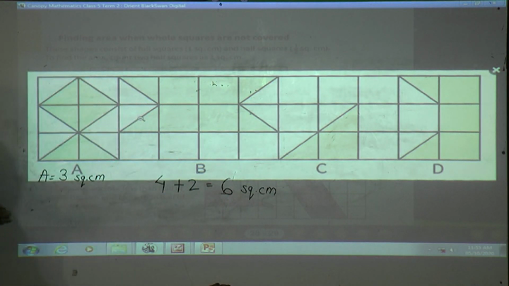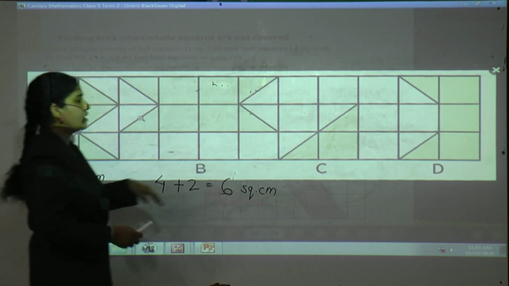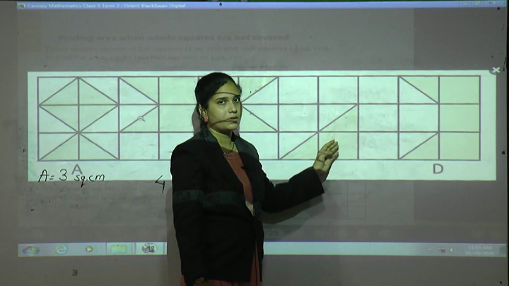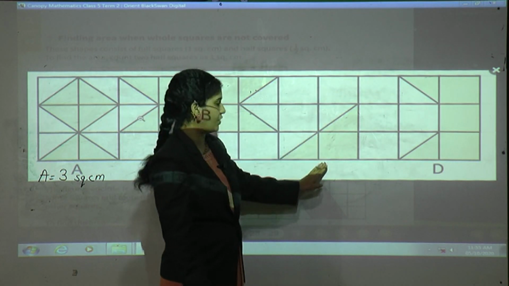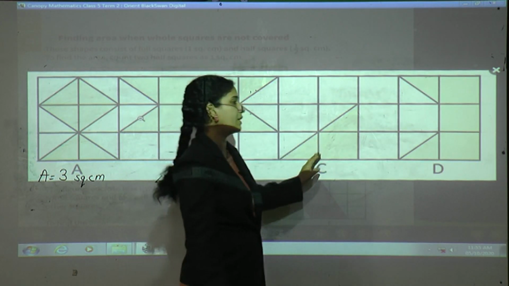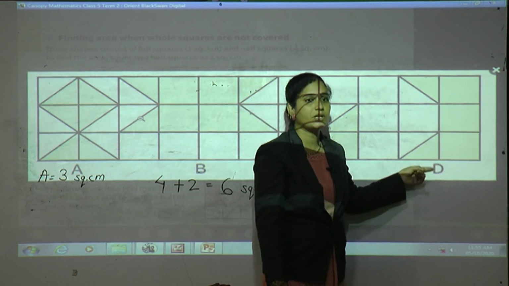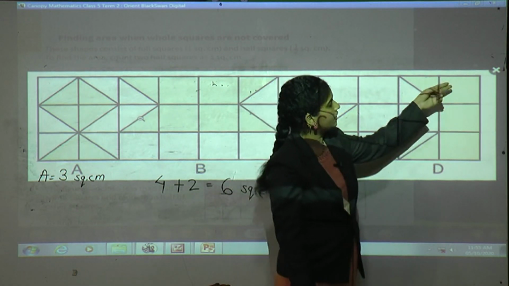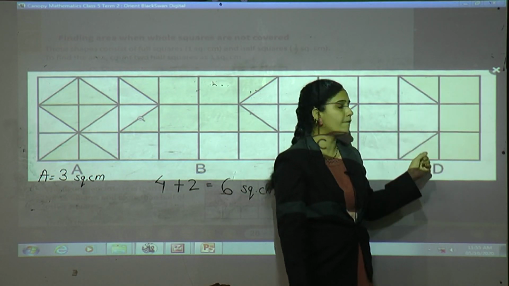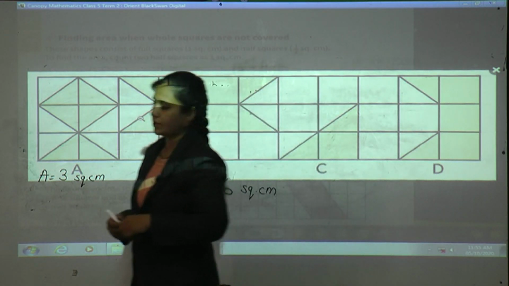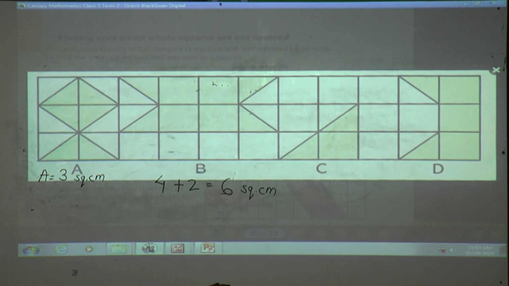The area of B is equal to 6 square centimeter. Now C: here is 1 full square and 2 half squares. That means 1 plus 1, 2 square centimeter. And in figure D, how many squares? 3 full squares and 2 half squares. 3 plus 1, 4 square centimeter. Very good.